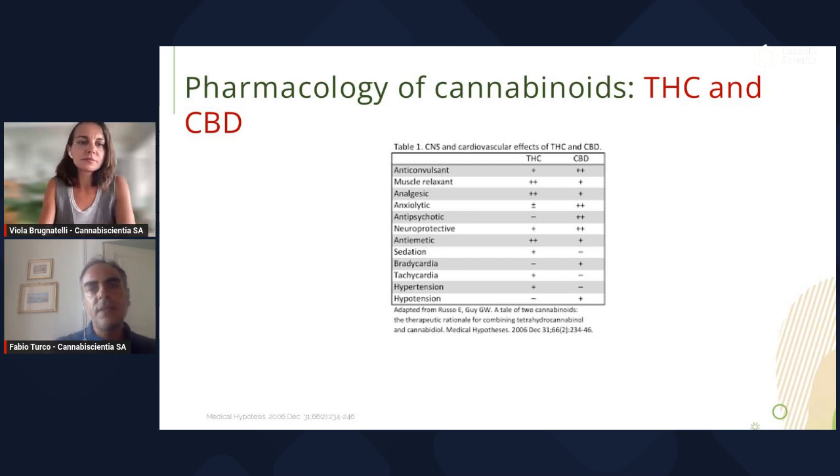What is different in some cases is the potency of these effects, and this is because THC and CBD have a very similar structure, but we will talk about CBD next week. So, Viola, if you want to add something from our book, it will be really nice.